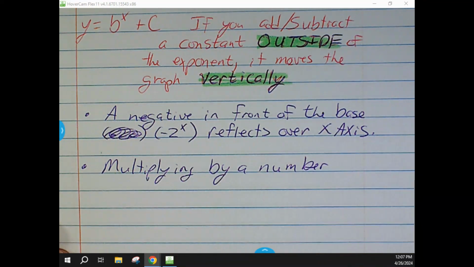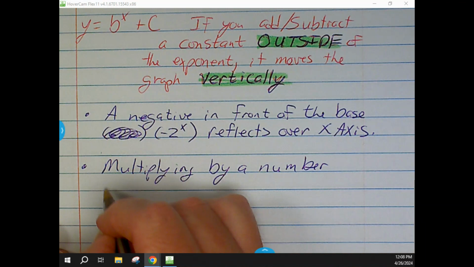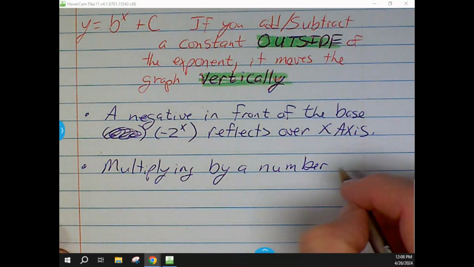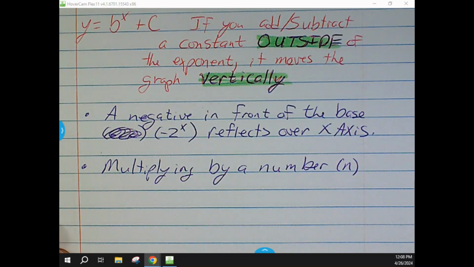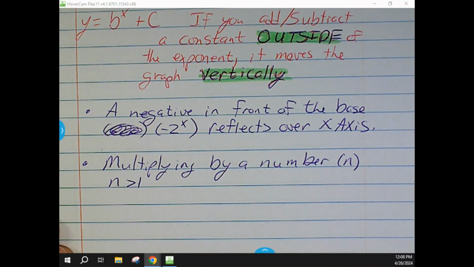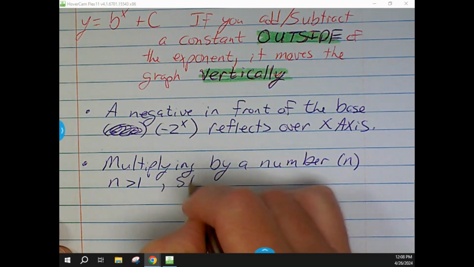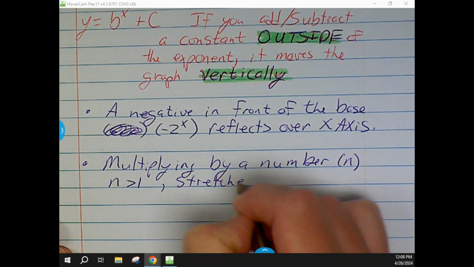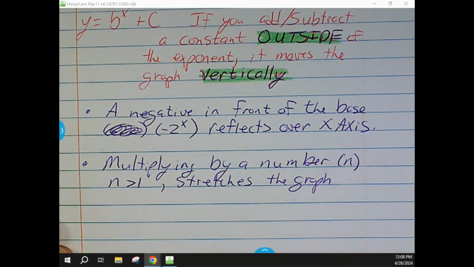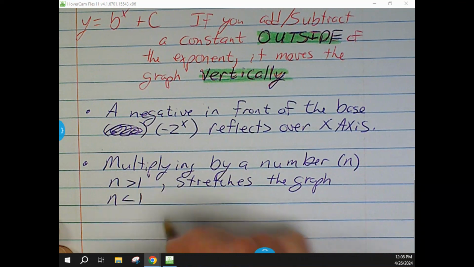And if you're multiplying it by a number, let's just call it n. If that number is greater than 1, it stretches. If that number is less than 1, it shrinks or compresses.